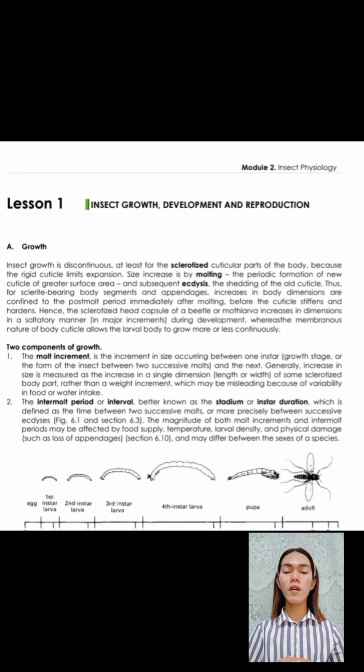There are two components of growth. First is the molt increment. It is the increment in size occurring between one instar, or growth stage or form of the insect, between two successive molts, and the next. Generally, increase in size is measured as the increase in a single dimension, length or width of some sclerotized body part, rather than a weight increment, which may be misleading because of variability in food or water intake.